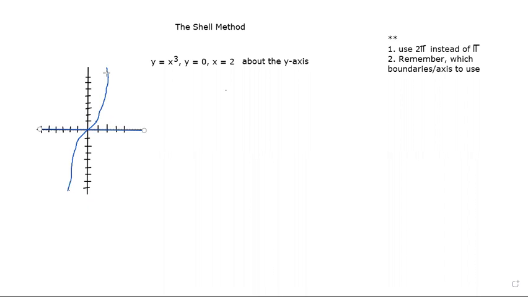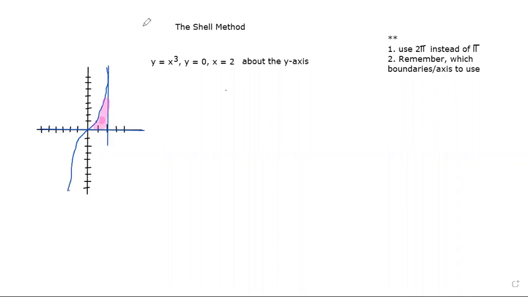And then we have x is equal to 2, which is a vertical line. So what we're trying to do ultimately is find this region, move it about the y-axis, and find the volume.